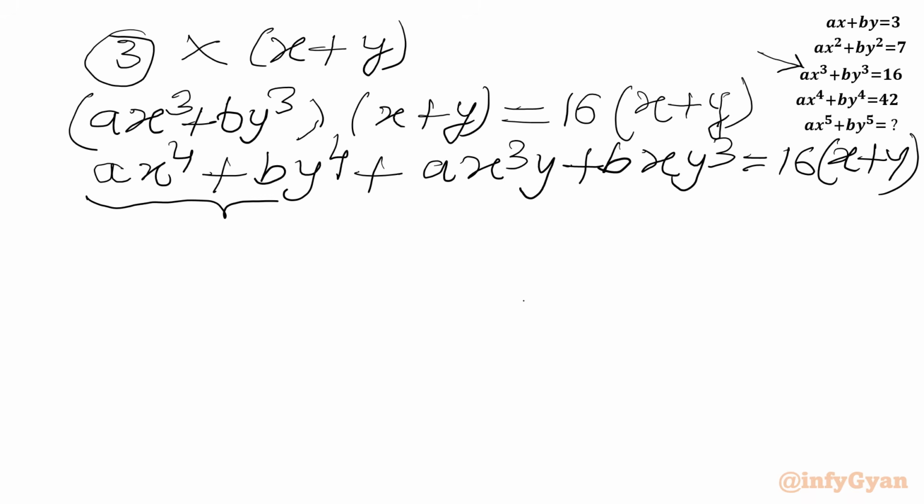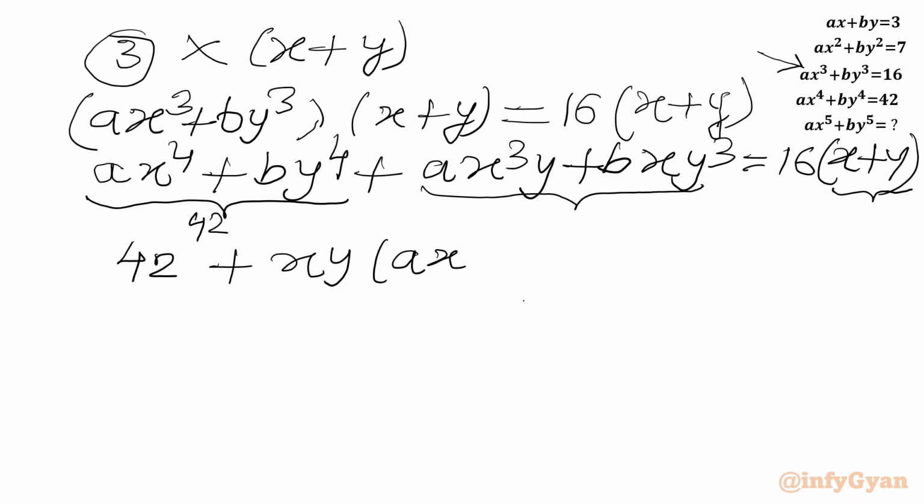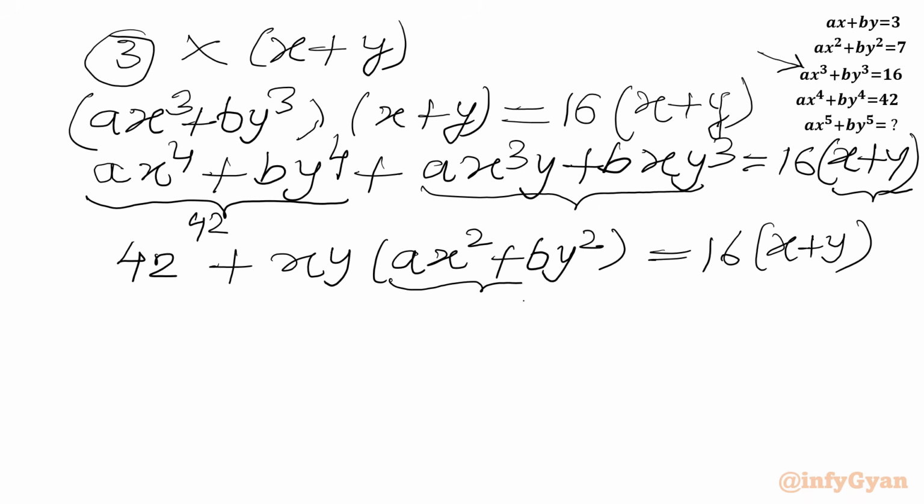Now this is equation number 4, value is 42. From these two terms we can take xy common once again, and x plus y is n. So let me write here 42 plus xy is common. In the bracket there will be ax^2 + by^2, equal to 16 times x plus y. Now ax^2 + by^2 is our equation number 2, value is 7.